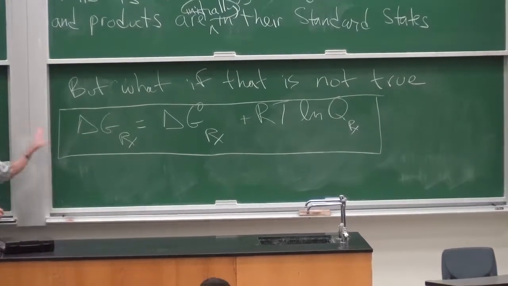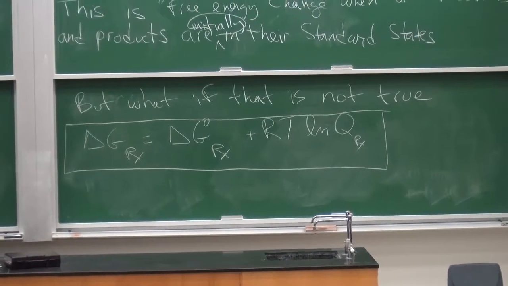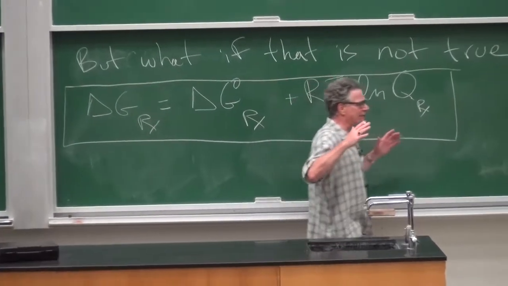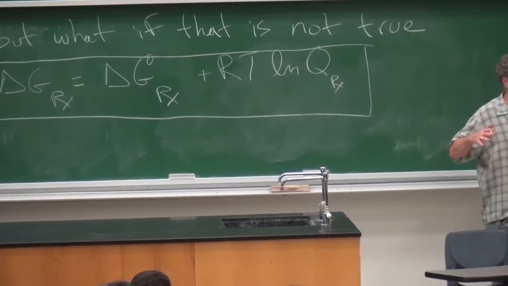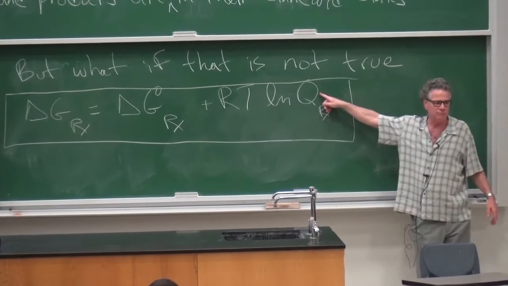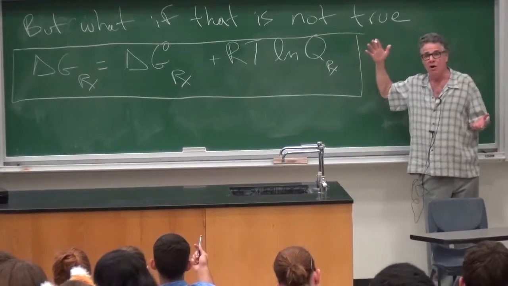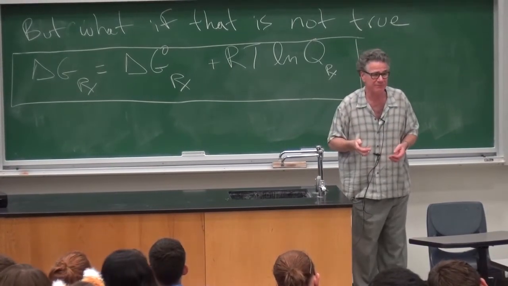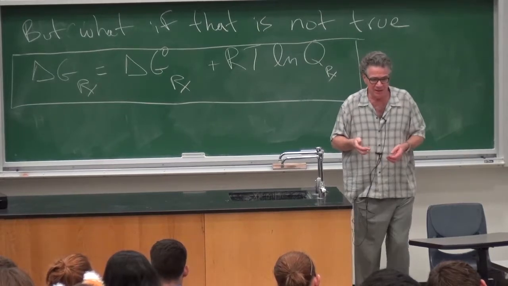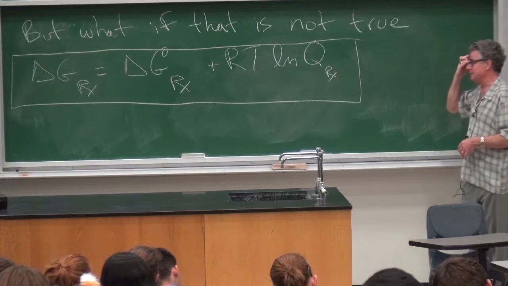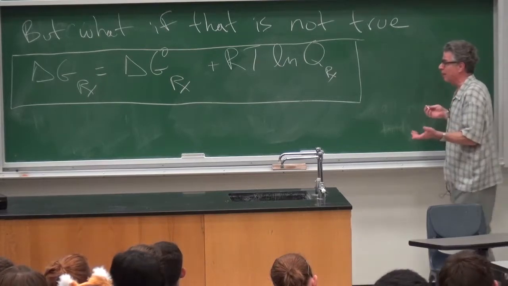And that leads you to this very nice equation, which says if everything's not in its standard state, well, that can be accounted for by Q. Q, we know, is the actual concentrations that you added to the beaker, right? So if you didn't use the standard state concentrations in your experiment, no problem.